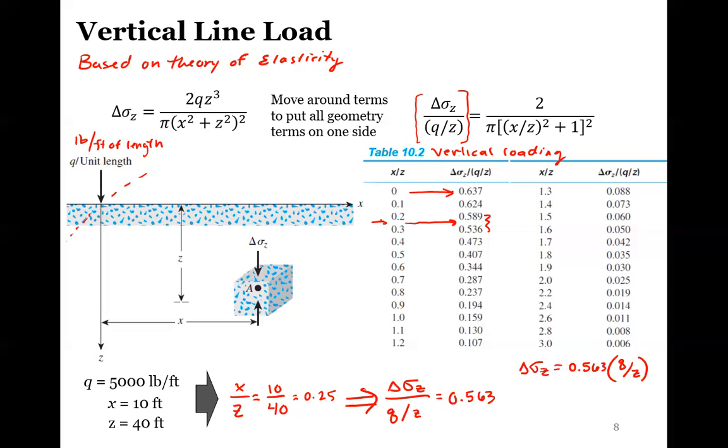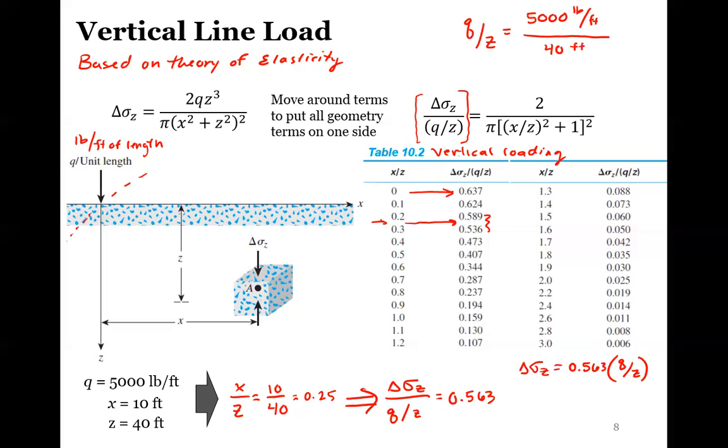We'd make sure that the units are correct. So Q, I'm just going to put it up here for room. Q divided by Z would be 5,000 pounds per foot, divided by 40 feet. This all checks out, but you would want to make sure that the units are correct.